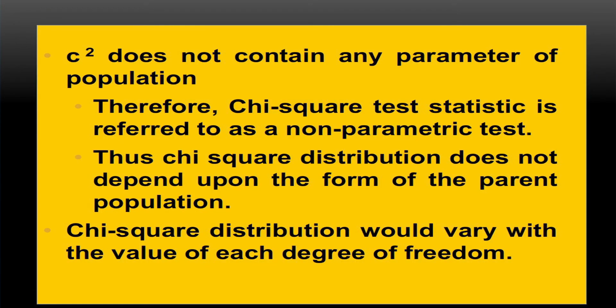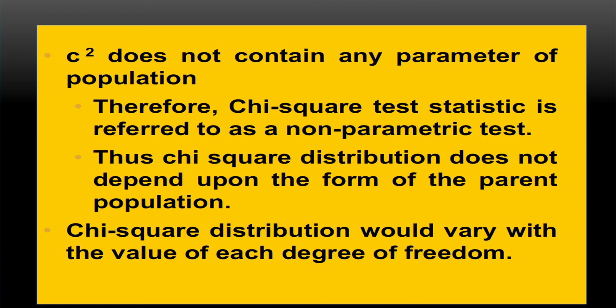4. Since the density function of chi-square does not contain any parameter of the population, the chi-square test statistic is referred to as a non-parametric distribution.